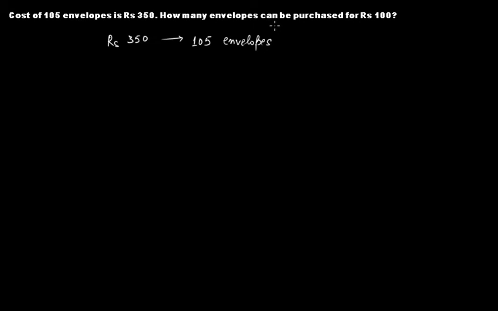So they are asking for rupees 100, that is, how many envelopes can be purchased in these rupees 100. If we find out how many envelopes can be purchased in rupee 1, then if we simply multiply this value by 100, because this will give us the number of envelopes that can be purchased using rupee 1.